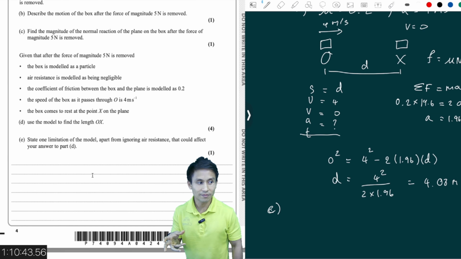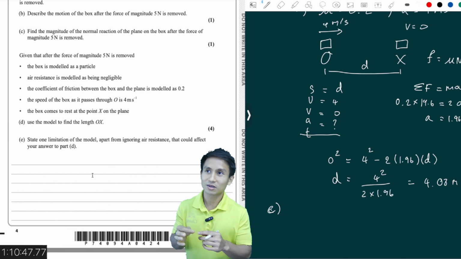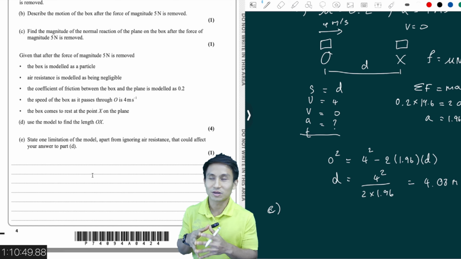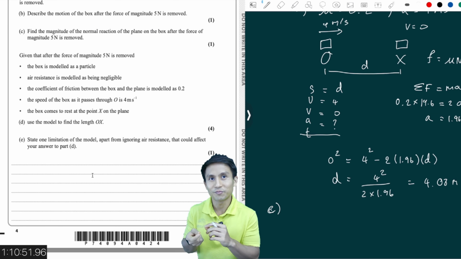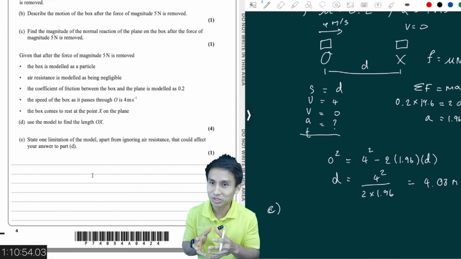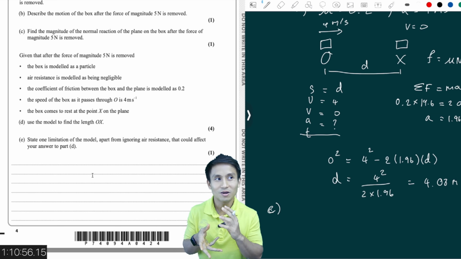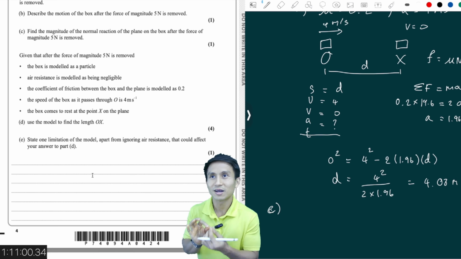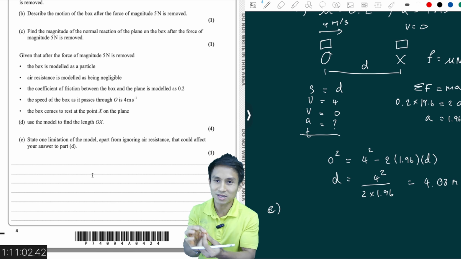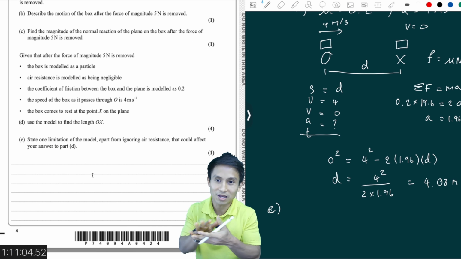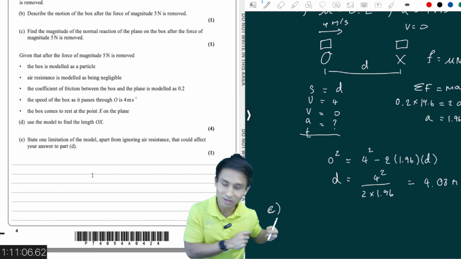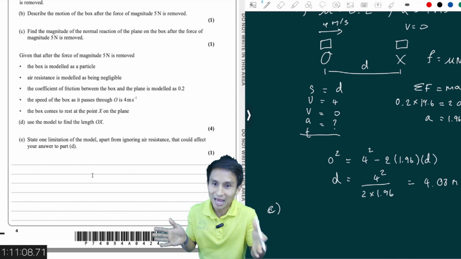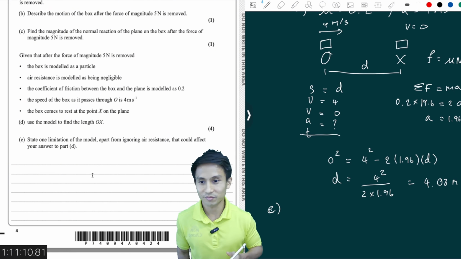For example, there is gonna be some consideration that you need to take when you consider that the reaction is actually not at any single point. Now it can be on a surface, right?